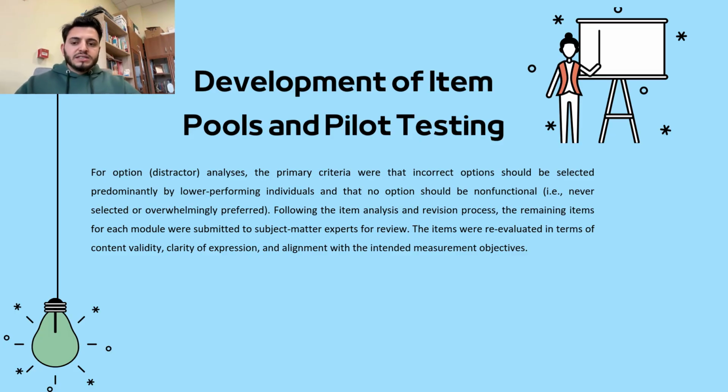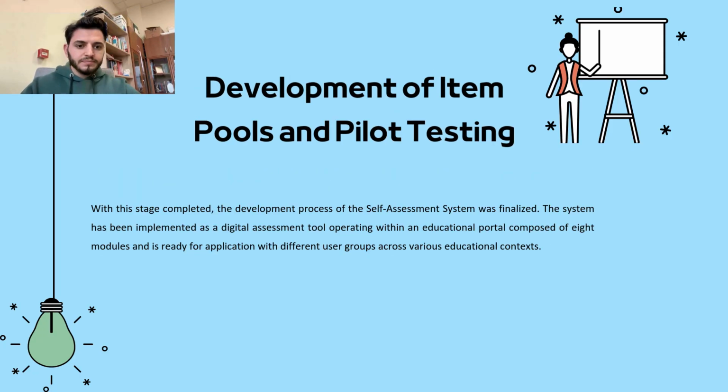After this analysis, the remaining items were submitted to subject matter experts for review in terms of content validity, clarity, and alignment with the intended objectives. Based on expert feedback, the final revisions were made at the end of this process.